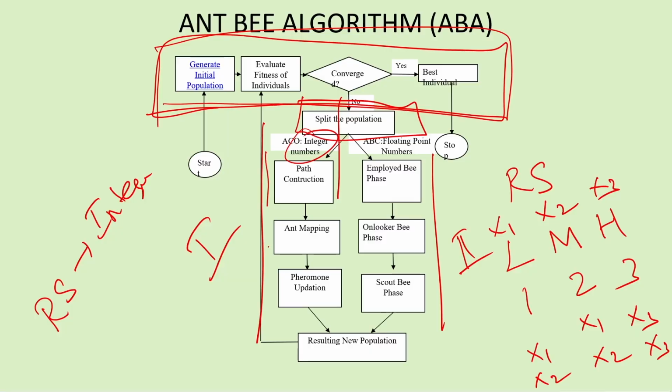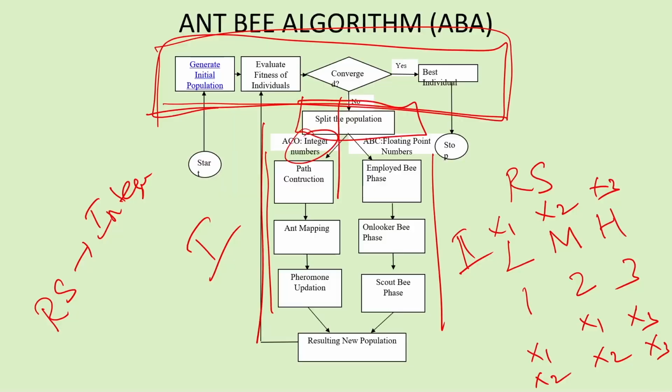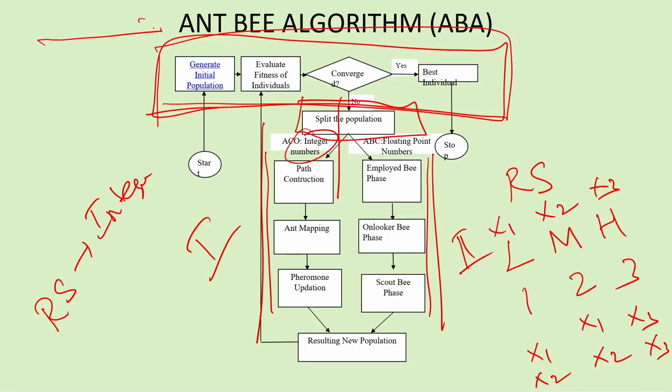You can revisit our previous lectures where the basic version of ant colony optimization is discussed, and the basic version of the ABC algorithm is also already discussed. Here, the combination of ACO and ABC has been brought in by splitting the population: for the integer number representation you apply ACO, and for the floating point representation you apply ABC. On the whole, the algorithm is named the ANT-B algorithm. So this is a new algorithm.